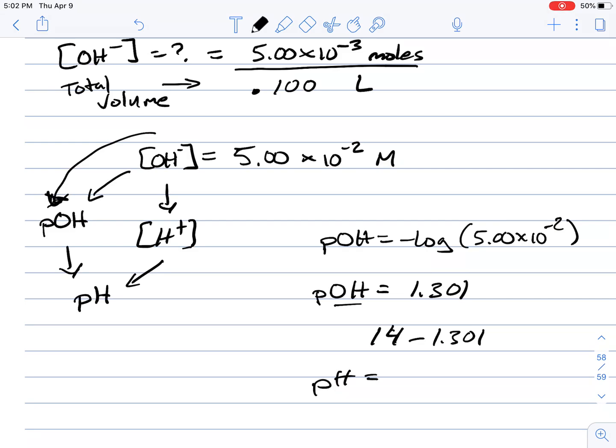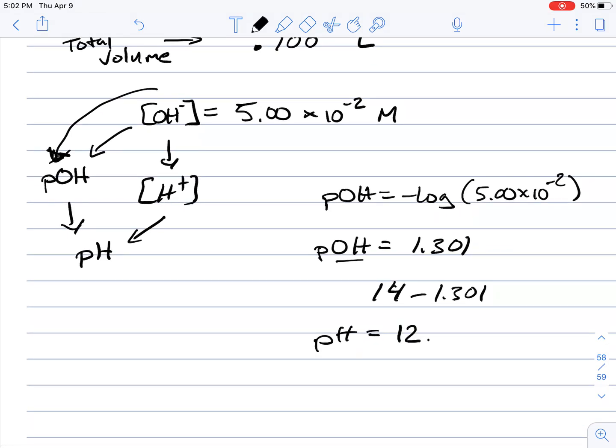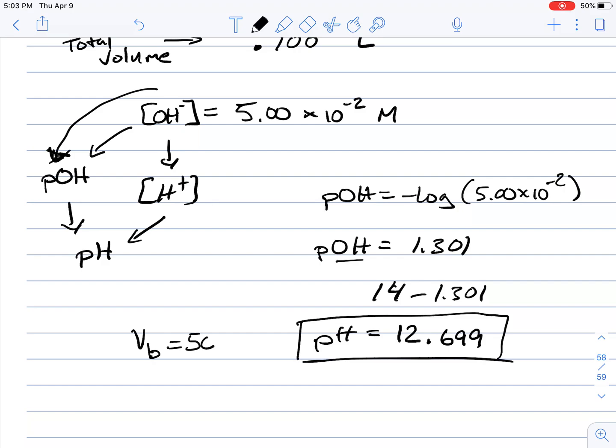Okay, so 14 minus the answer is going to give me 12.699, and I'm rounding it to the correct number of sig figs, so 12.699, and that is the pH of my solution when the volume of the base that I've added is 50.0 milliliters.